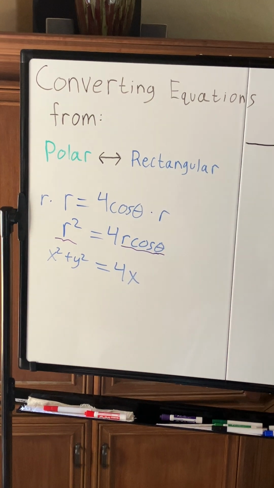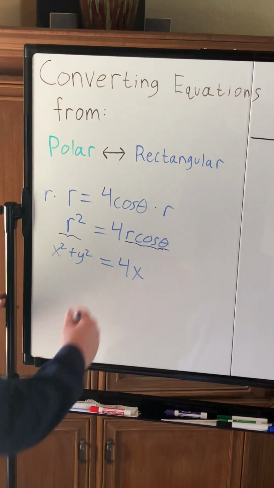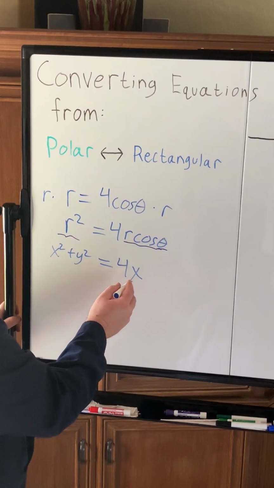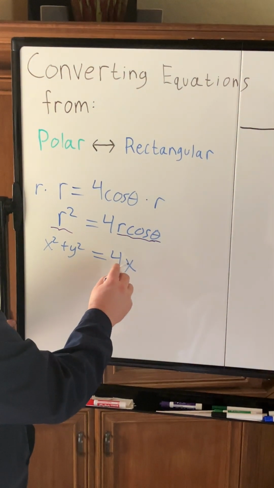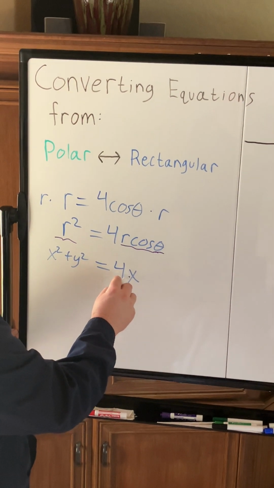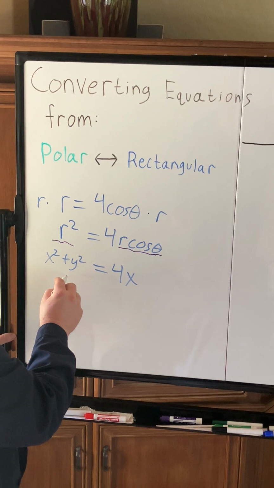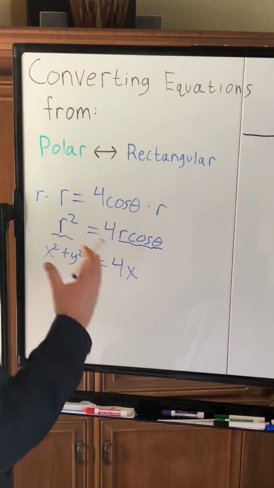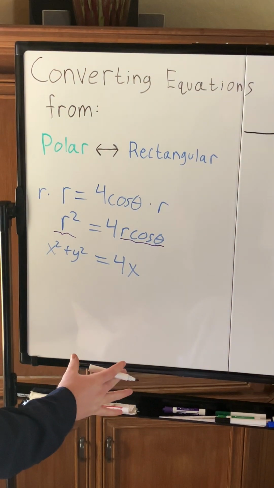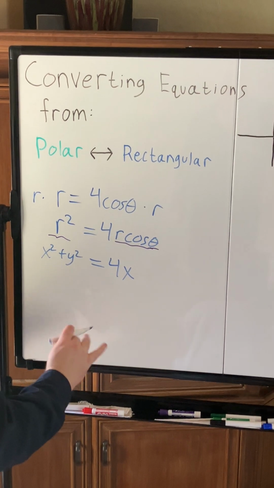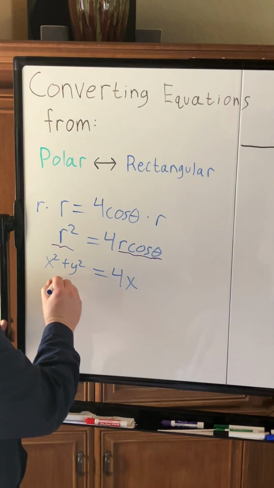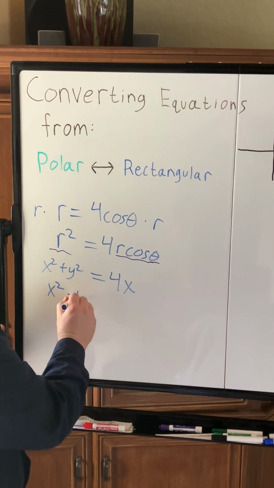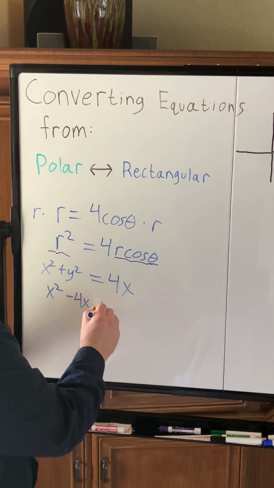So here you have it. Now, typically from here, you're probably going to see it written with this moved over to this side. It depends on your class as far as how simplified your teacher is going to expect this to be written.